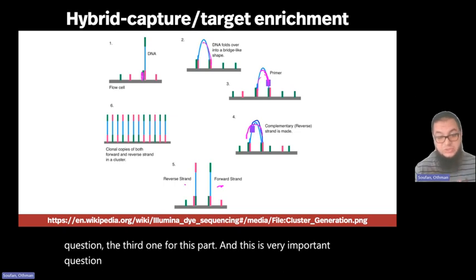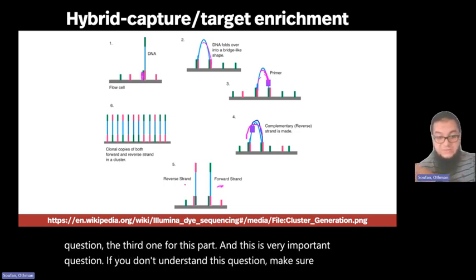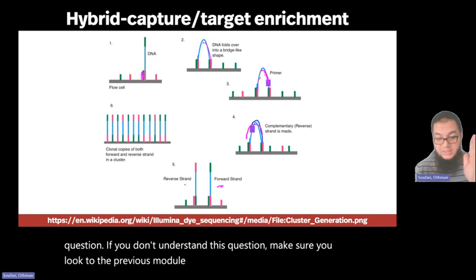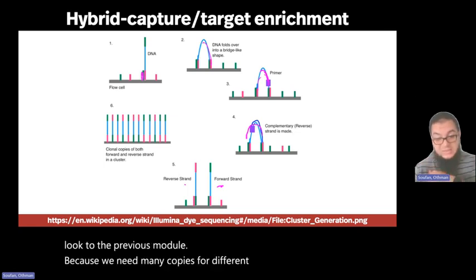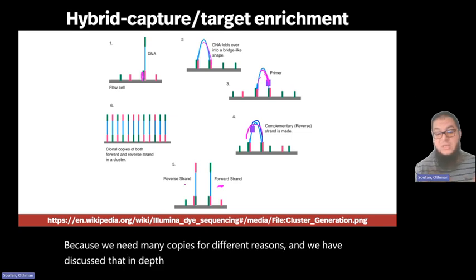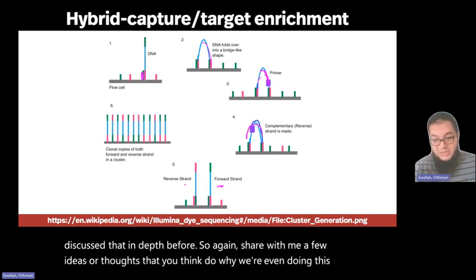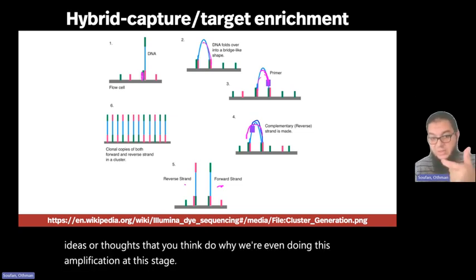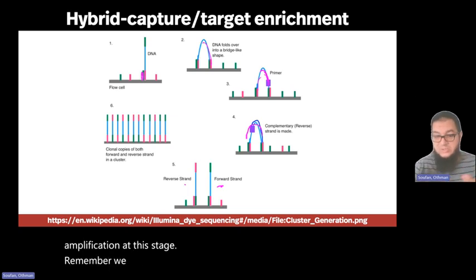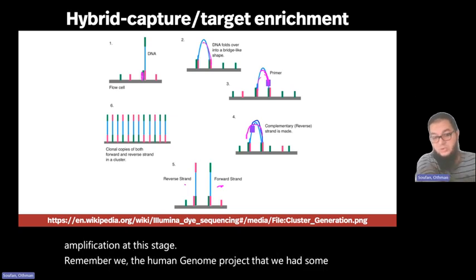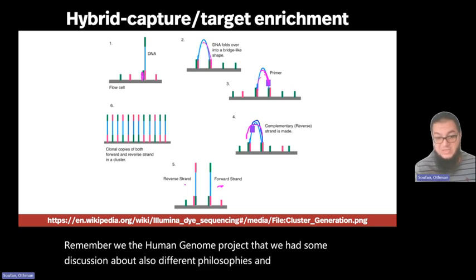If you don't understand this question, make sure you look at the previous module, because we need many copies for different reasons. We have discussed that in depth before. So again, share with me a few ideas or thoughts on why we are even doing this amplification at this stage. Remember, the Human Genome Project, we had some discussion about different philosophies into how to do that.